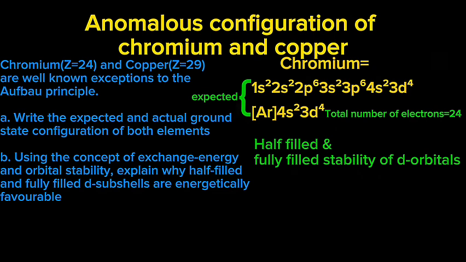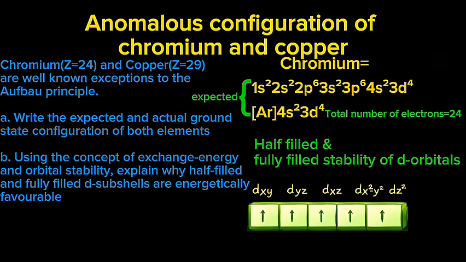What do I mean? When a d orbital is half-filled, meaning that each electron is unpaired, all 5 electrons in the d orbital are unpaired, and therefore they can exchange orbitals. So we can have an electron maybe in the first orbital moving to the second or the third.